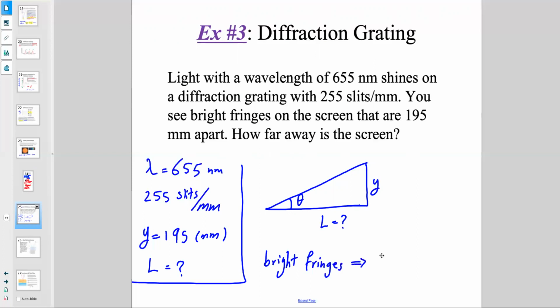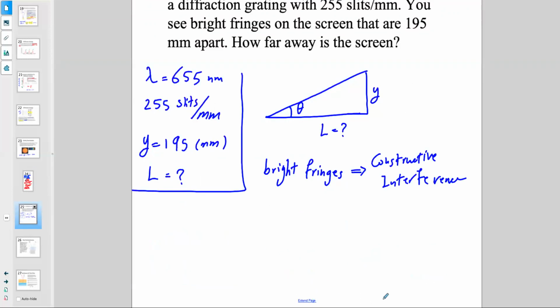This means that we have constructive interference, so we can use this formula.